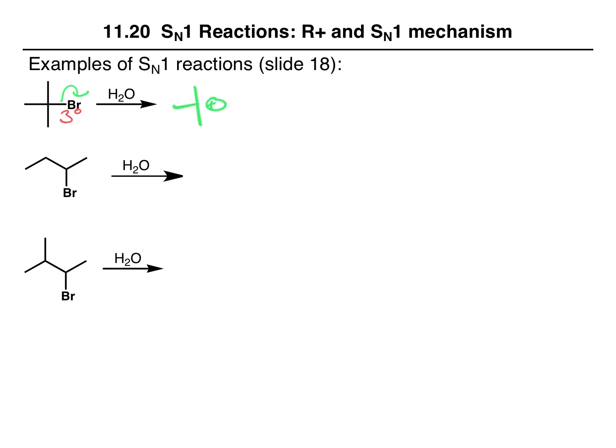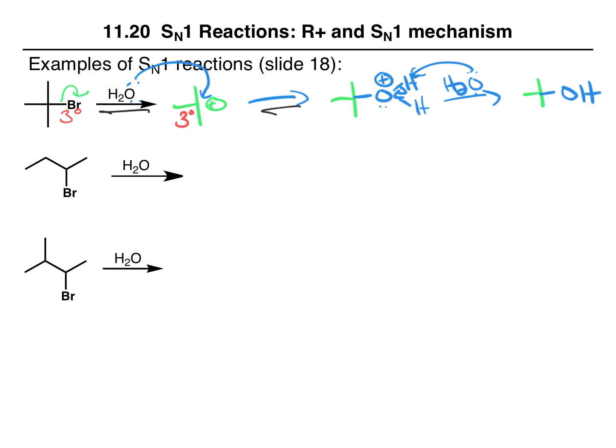So from our tertiary alkyl halide, we make a tertiary carbocation. When water adds here, we get this protonated alcohol intermediate, and then when another molecule of water grabs off one of these protons, pushing these electrons onto the oxygen, we get our final product.